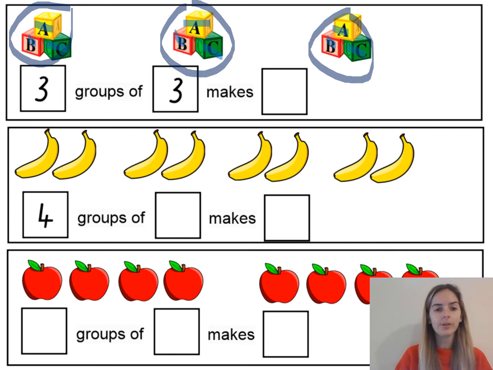Now, to find our total, we need to add them together, just like repeated addition. So let's count them all up. 1, 2, 3, 4, 5, 6, 7, 8, 9. 3 groups of 3 makes 9.